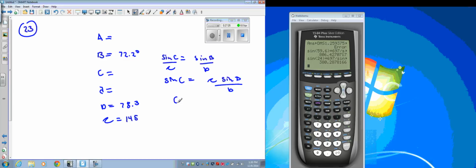So to get that angle C, we're going to do the sine inverse. 145 is side C, sine of 72.2, and B is 78.3.